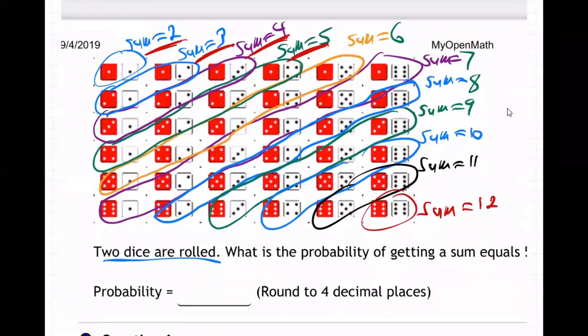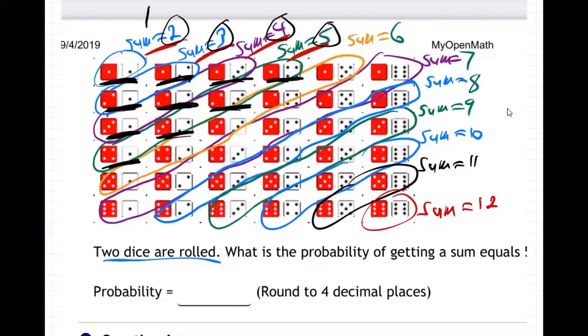How many different results is that exactly? Well, it's 1, 2, 3, 4, 5, 6, 7, 8, 9, 10. 10 different outcomes have a sum of 5, 4, 3, or 2, right?